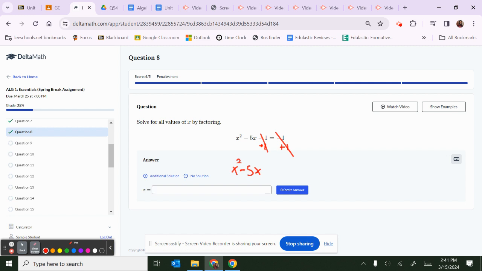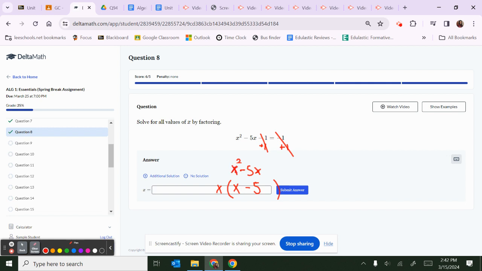You're going to factor out what they have in common. So both of them at least have x, and then you write what's remaining in parentheses. It's like you're dividing each of these terms by x. I divide x squared by x, I'm left with just x. I divide negative 5x by x, I'm left with just negative 5. So that is how you factor something that looks like this.